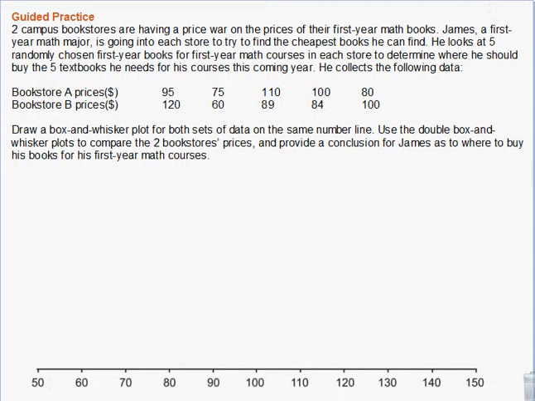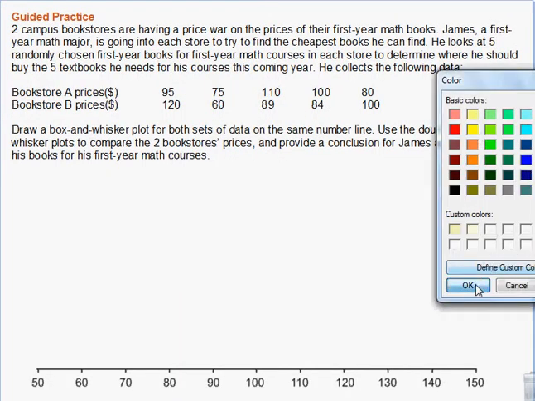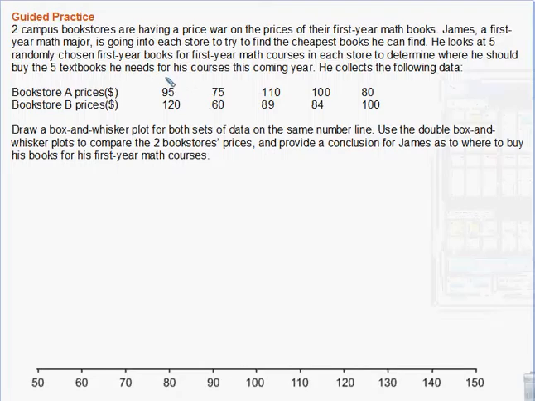Last one. Right. This time we're going to use pink for bookstore A. Whoops, 75 is the smallest one. 75, 80, 95, 100, and 110. 95 is our median. We have to find our Q1 and our Q3, so 75 plus 80 divided by 2, which is 155 divided by 2, which is 77.5.